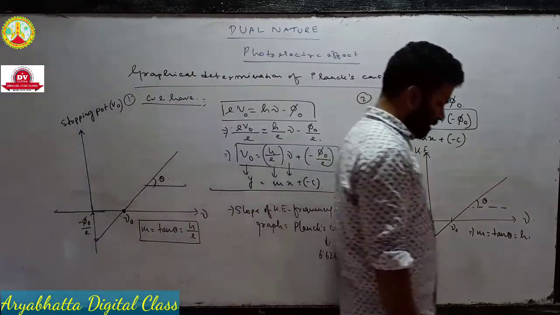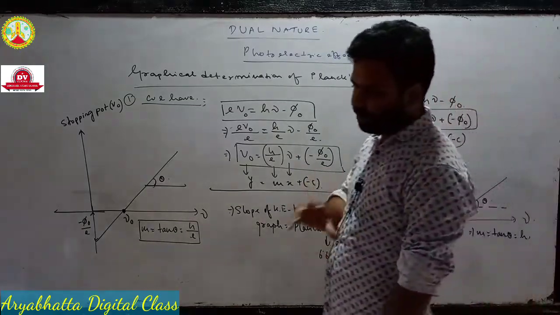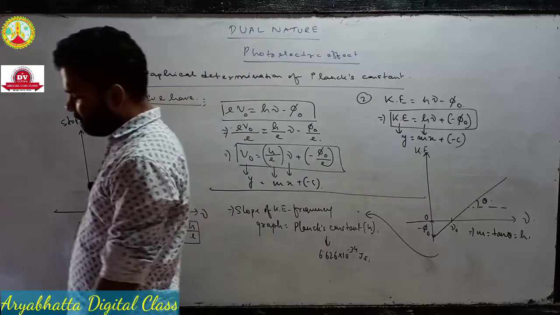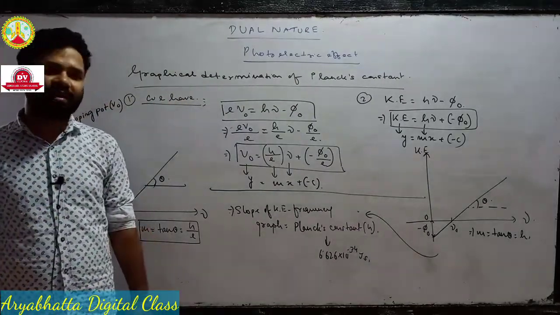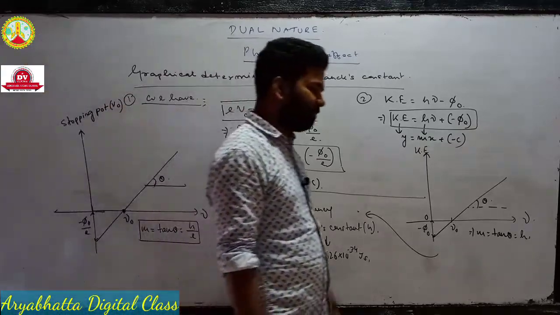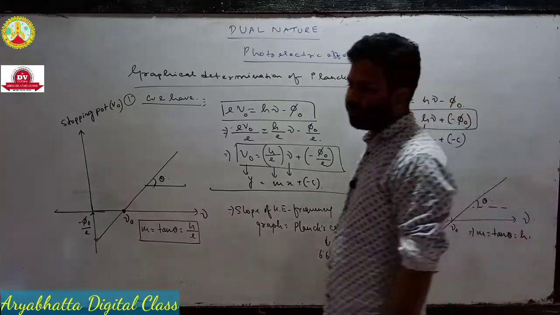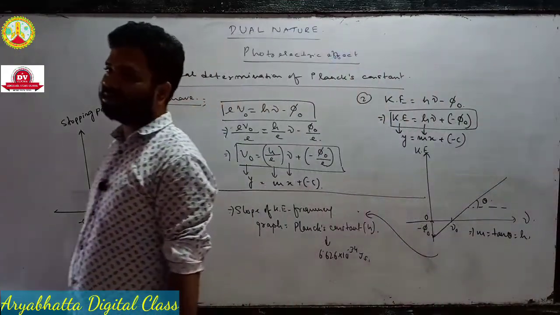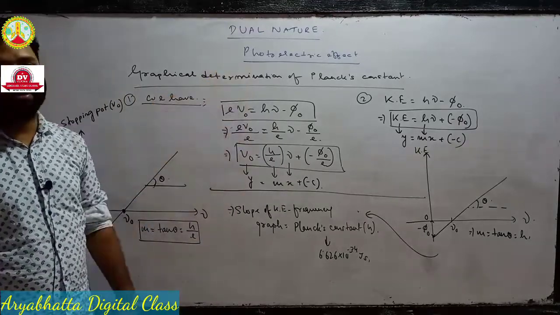Okay, so when we started wave optics, then I said that some phenomena can be described by considering light as a particle, and some phenomena can be described by considering light as a wave. For example, wave में कौन कौन phenomenon था? Interference, diffraction and polarization.